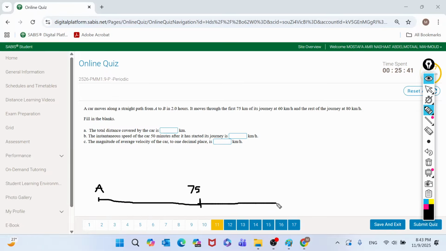And then you don't know how much more, and then you get to B. So this is 60 kilometers per hour and here it's 80 kilometers per hour.